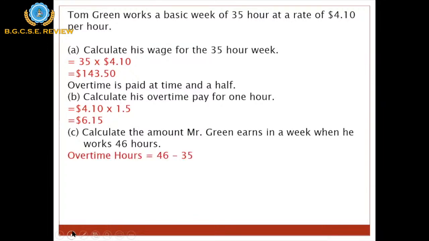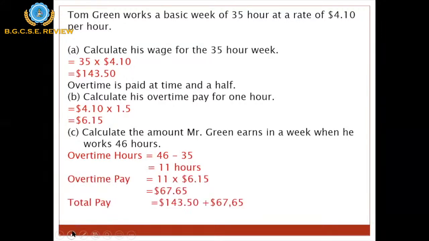Well, once we figure out how many hours that is of overtime, I can calculate his overtime pay and then add that into his total pay, which is $211.15. All right. So, if you didn't get any part of it, take your time and make the corrections.